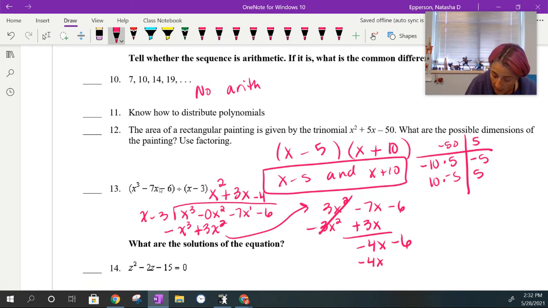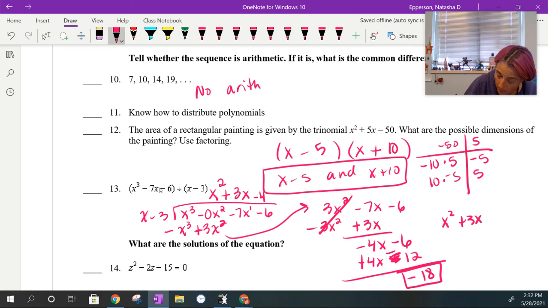So that gives me negative 4x. Negative 4 times negative 3 gives me positive 12. This is going to become positive. This is going to become negative. That gives me negative 6 plus 12, or 6 plus 12 gives me negative 18. This is our remainder. So this is going to be x squared plus 3x minus 4 minus 18 over x cubed minus 7x minus 6.